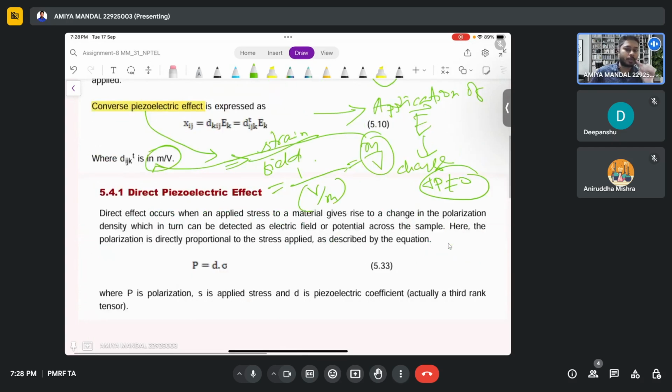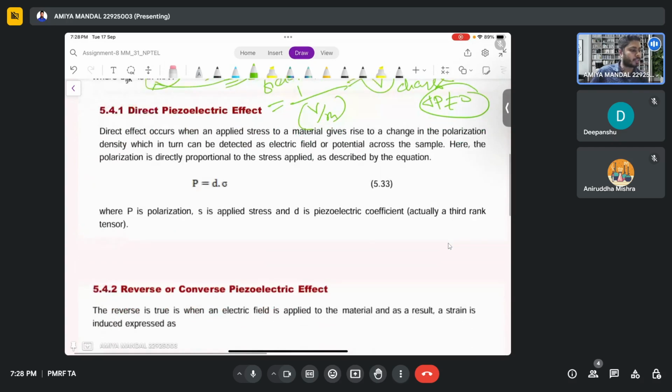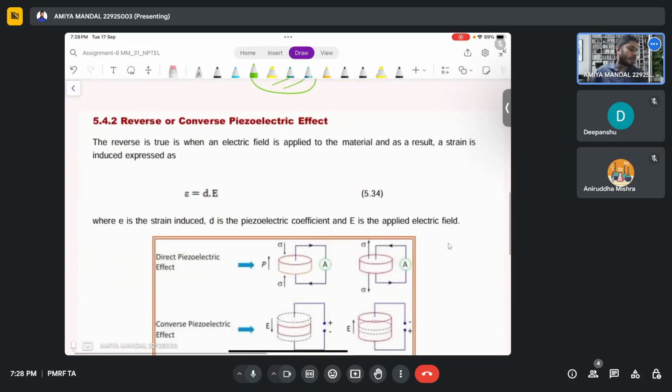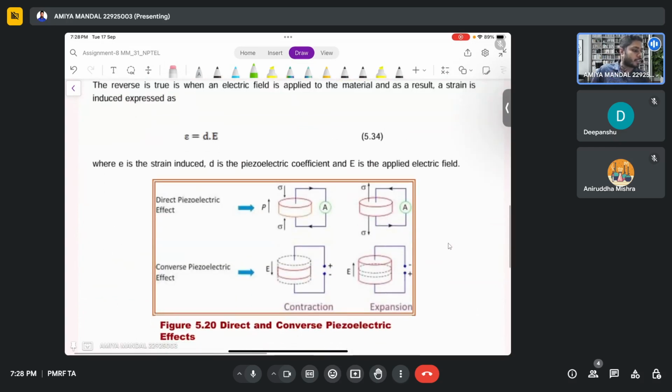So the direct piezoelectric effect is nothing but polarization. Application of stress gives rise to a change in polarization. That's why polarization is nothing but sigma times d, where d is the piezoelectric coefficient. In the direct effect, we apply sigma and generate P, and applying sigma in the opposite direction generates opposite P also.